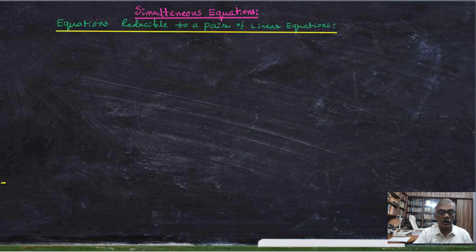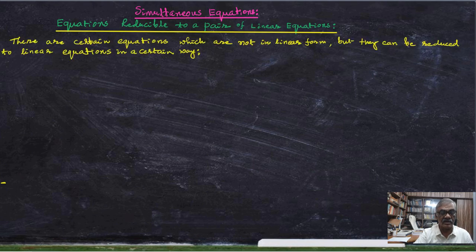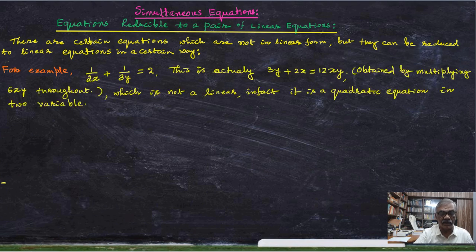Now, equations reducible to a pair of linear equations: there are certain equations which are not in linear form, but they can be reduced to a linear equation in a certain way. For example, 1 by 2x plus 1 by 3y is equal to 2.